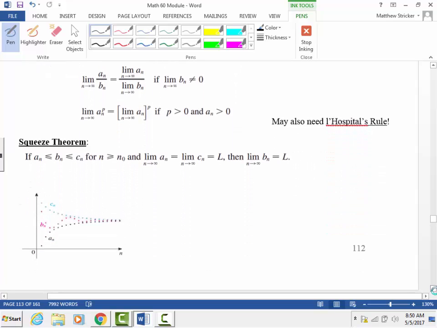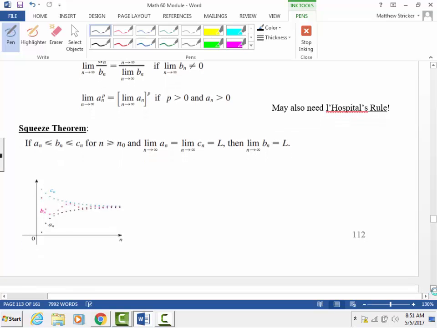If you have a convergent sequence C that goes towards some value, and A goes towards some value, and there's another sequence B that's sandwiched between those two, in other words, all the values of B are between A and C, and if A and C both go towards the same limit, then B of n also must go towards that same limit. It's the Squeeze Theorem. Going quickly through these because these are review.